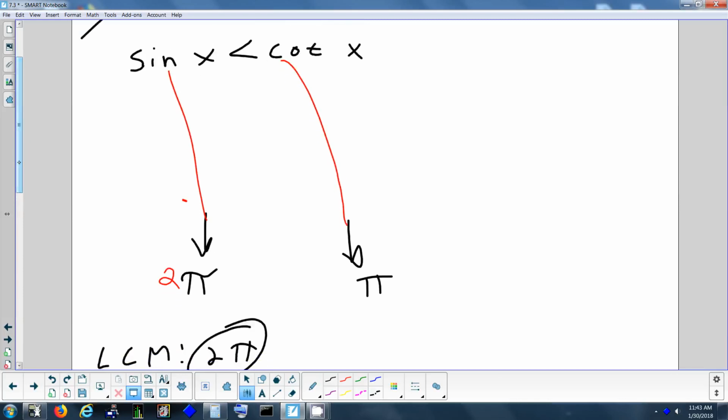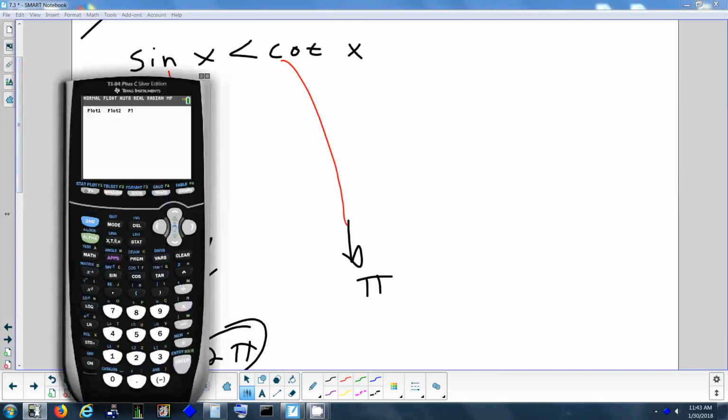Okay. Let's graph it. So I've got sine of x. I've got cotangent, but how do I type cotangent in? Right, I have to do 1 over tangent. 0 to 2 pi, that's a perfect window because the LCM is 2 pi. Let's focus on what we're looking for.